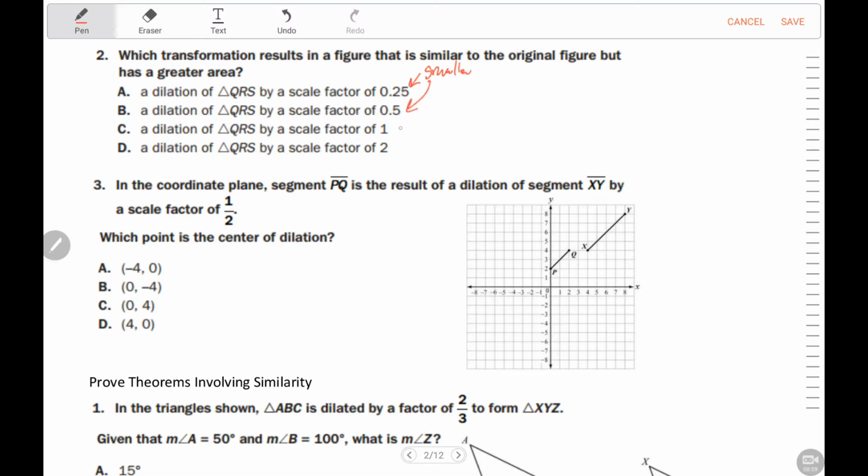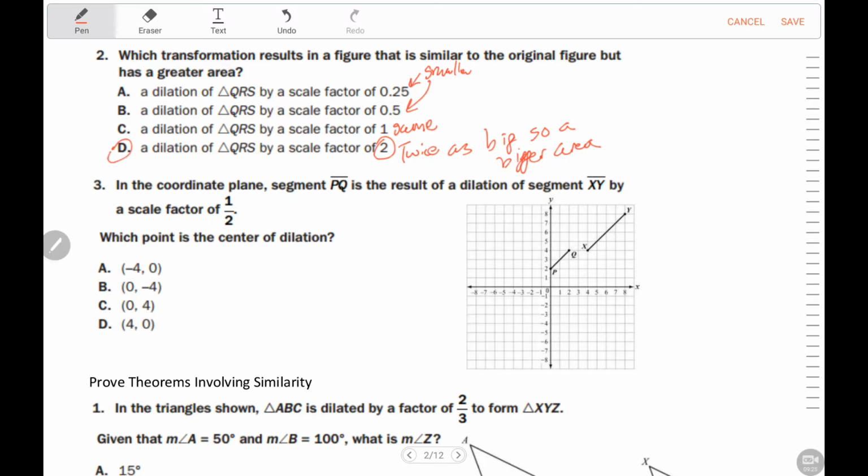Same thing here. This one would be the same because you didn't dilate it. If you multiplied everything by 1, it wouldn't get any bigger. This would be twice as big, so a bigger area. Okay, that would be half the size, a quarter of the size, so the answer is D.